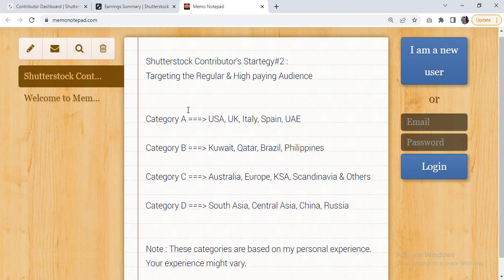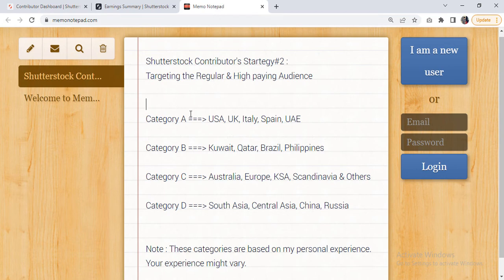So I wanted to share this information with you, that it is really important for you to target the right audience. So for example, if you are planning to design something, or if you have to upload some photographs to target some particular audience or some event, you should be very careful about the amount of effort you are putting into that campaign or that event or that festival or whatever you are targeting.